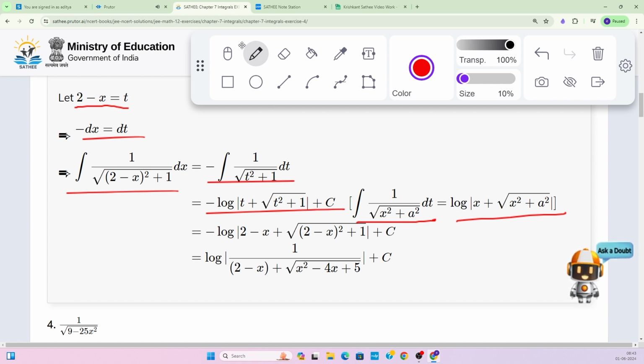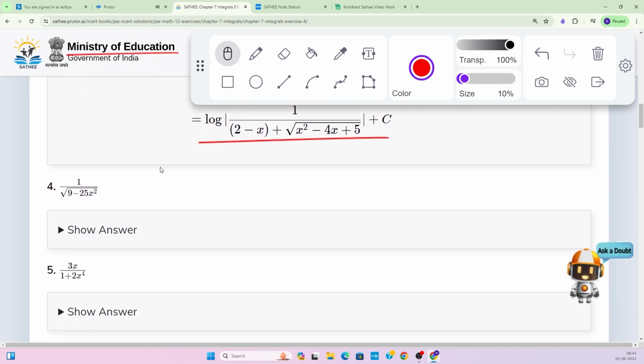Now substitute back your value of t in terms of x. You will get your answer in terms of x. And using the log property, you will get this as your final answer. Okay, let us move to the fourth problem.